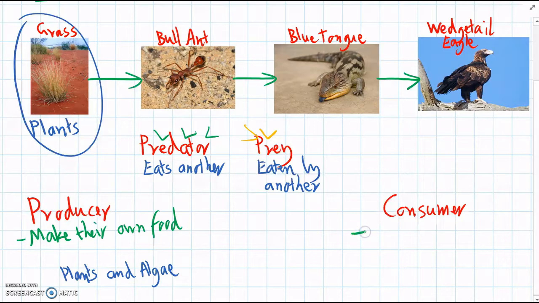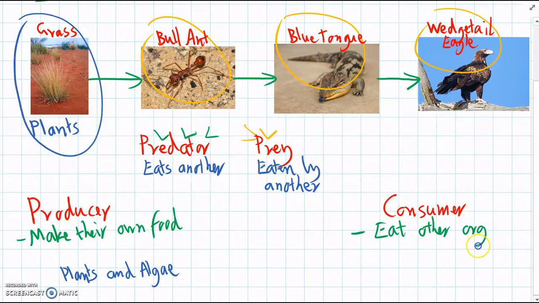Whereas a consumer, which includes all of the other animals here, the bull ant, the blue tongue, and the wedge-tailed eagle, all of these are consumers because they eat other living things.